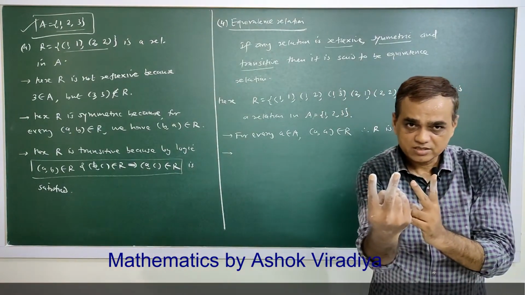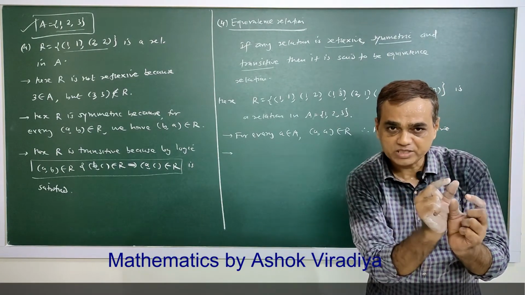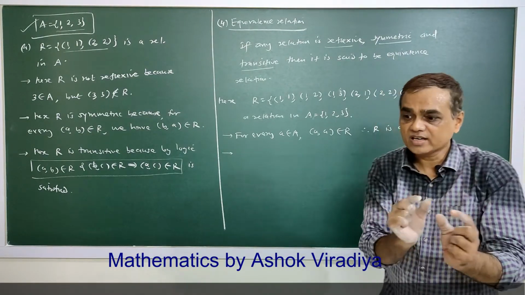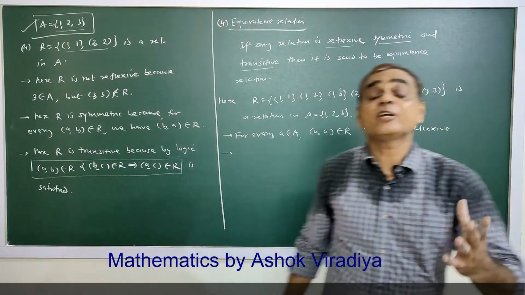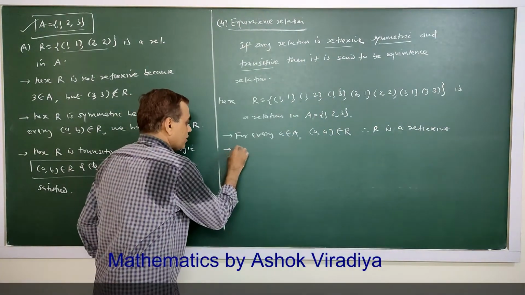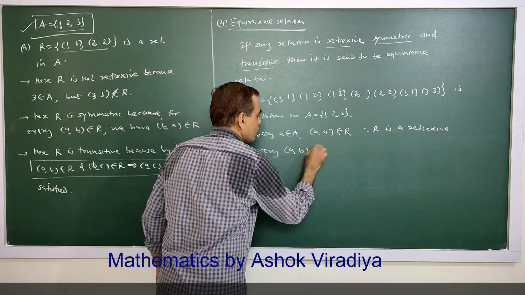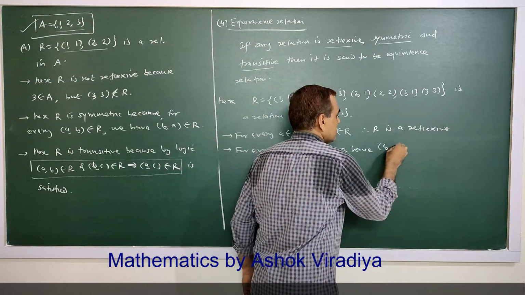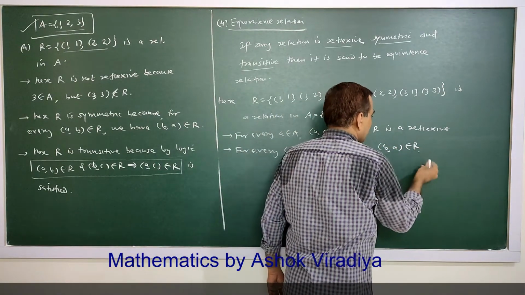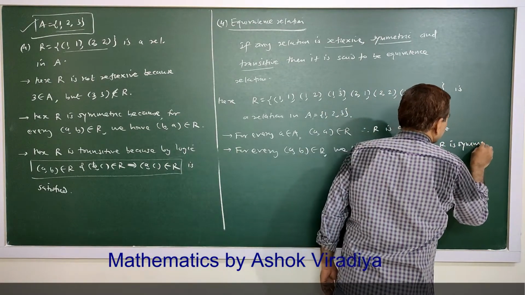For AB, check for BA. For PQ, check for QP. So here it is satisfied. For every AB belonging to R, we have BA belonging to R. Therefore, R is symmetric.